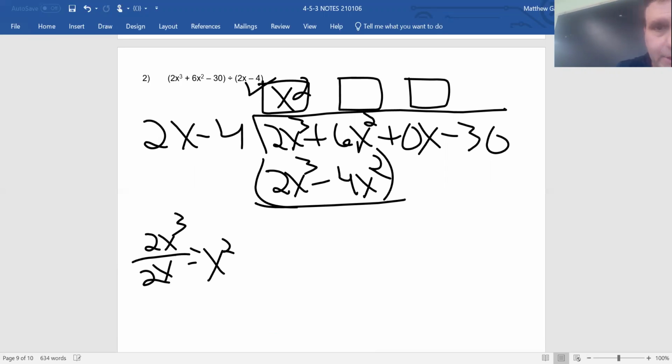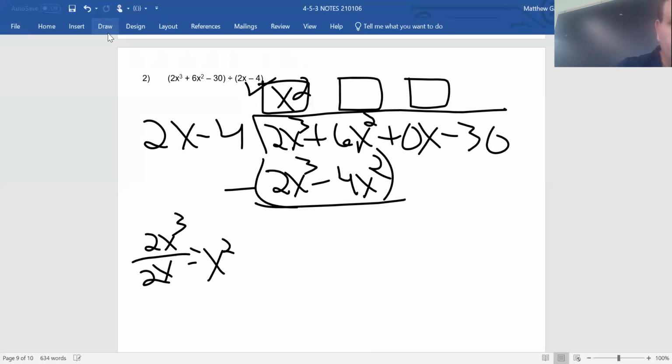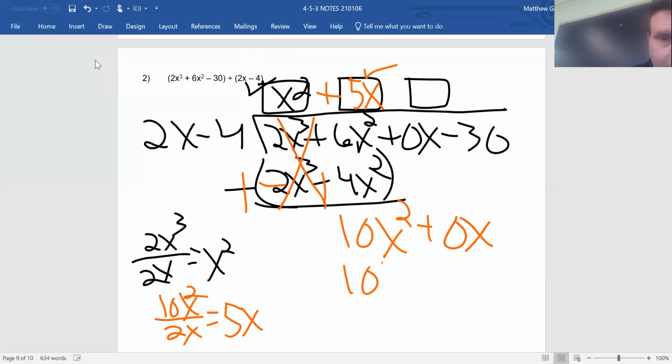So when we subtract, we're going to have 10x squared plus 0x. 10x squared divided by 2x is 5x. 5x times 2x is 10x squared. 5x times negative 4 is negative 20x.